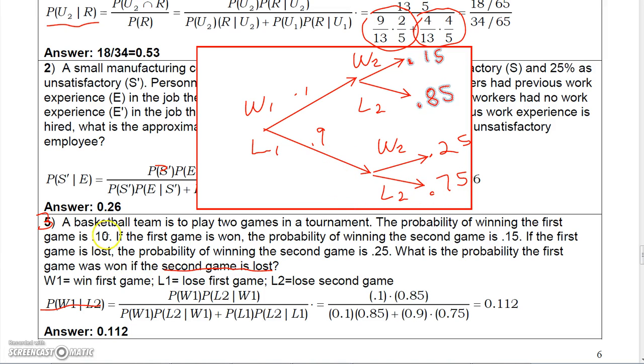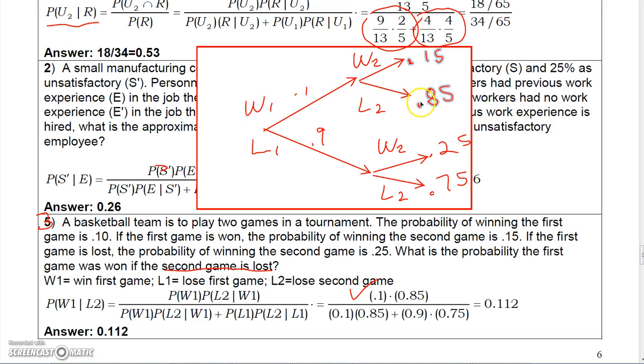Now to find the probability of win 1, lose 2, basically what we have to do is find win 1, lose 2 first. That's 0.1 times 0.85. Then all paths to lose 2 go to the bottom.